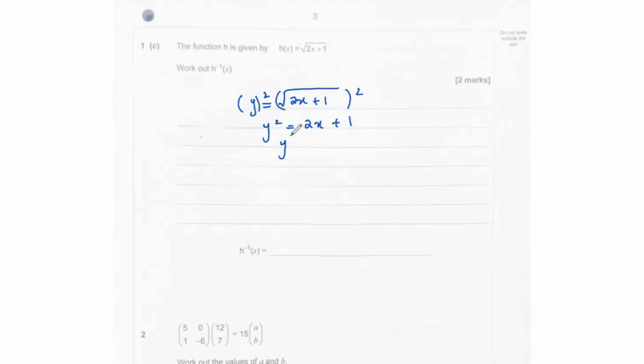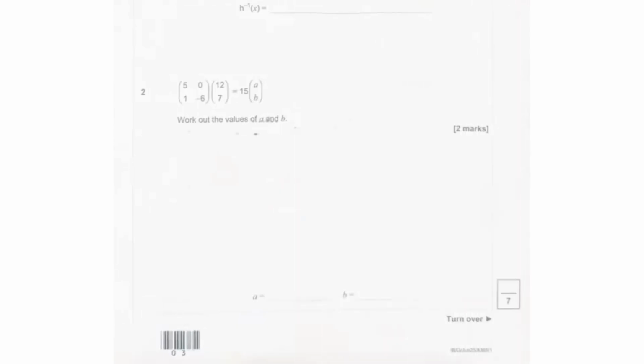Now we take the 1 to the other side. So y squared minus 1 equals 2x. Then y squared minus 1 divided by 2. So replace h inverse of x with y and y with x. So x squared minus 1 over 2 is your inverse. That's your answer.